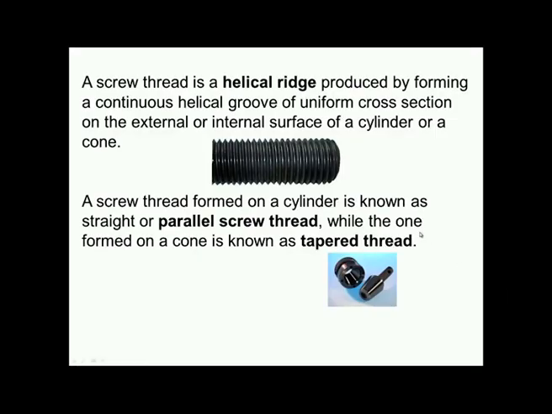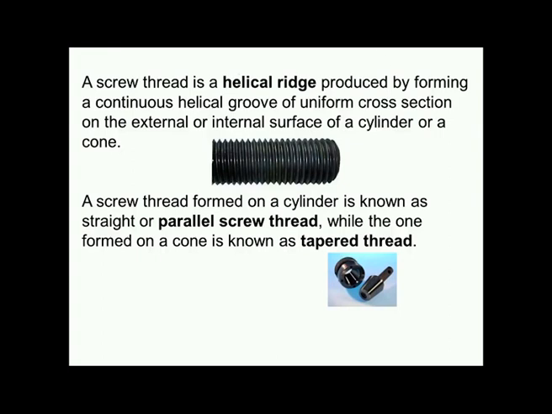They are used as coarse type for bracket fitments and as very fine type for micrometer heads and for precision moving mechanisms. It is basically a helical ridge produced by forming a continuous helical groove of uniform cross section on an external or internal surface of a cylinder or a cone.